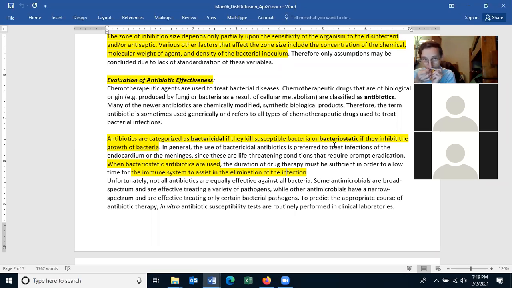Wouldn't you see the bacteria dying off if it was bactericidal? Could that be done? No. When you look at bacteria under the microscope, you cannot tell whether they are alive or whether they are dead.